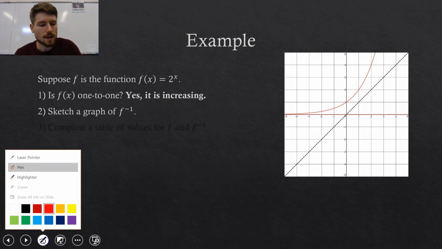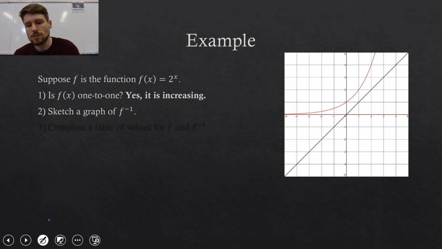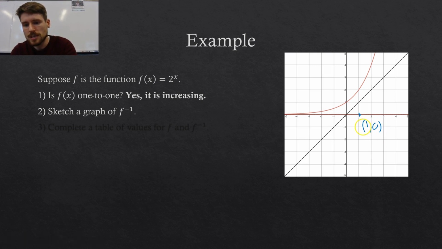Okay, now let's sketch the graph of the inverse function. To sketch the graph of the inverse, remember we just take each point and reflect it across the line y equals x. So (0, 1) is now (1, 0). And (1, 2) is now (2, 1). (2, 4) is now (4, 2).